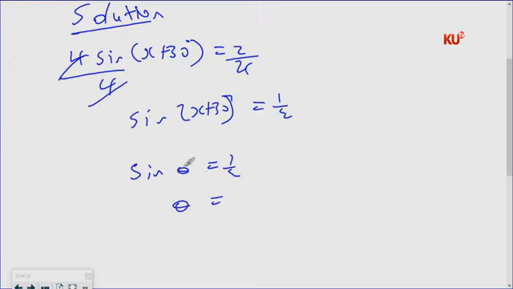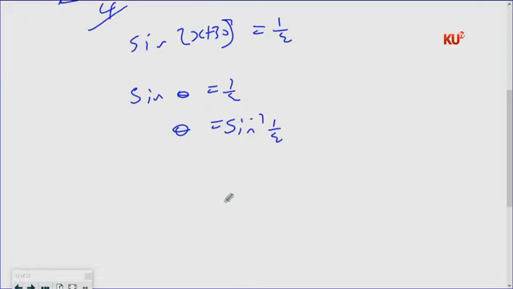How do we get theta? Theta is the sine inverse of a half. So you can use the calculator. Theta will be equal to, what is the sine inverse of a half, my student? Sine inverse of a half is 30. These are special angles. We need to know sine, cos, and tan of 30 and 60 off head.